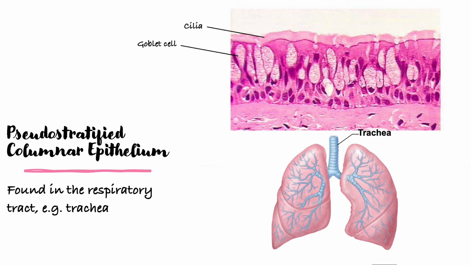And remember what I said in the previous slide, if you see goblet cells, you see cilia, you only find this in columnar epithelium. When the goblet cell secretes mucus, it's going to be swept by the cilia, which is seen right here. So we usually only see this in the respiratory tract. An example of that is the trachea.